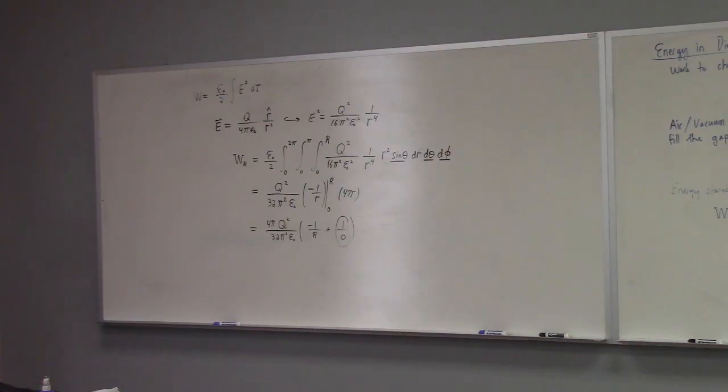See, we didn't even need an infinite sphere. You can give me a sphere of radius 0.00001 around the Coulomb field. How much energy is there? Oh, infinitely much.